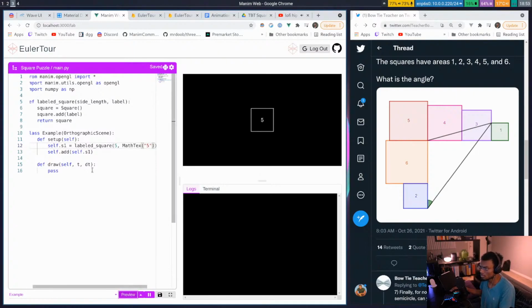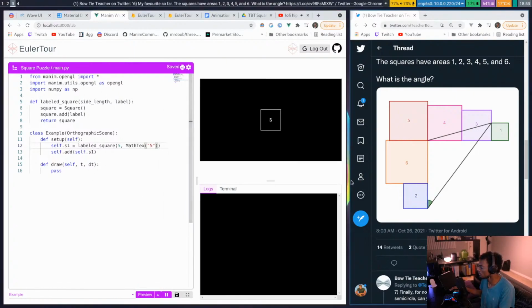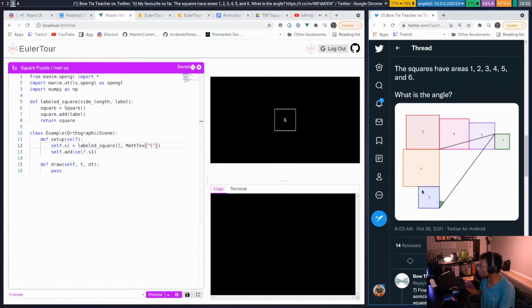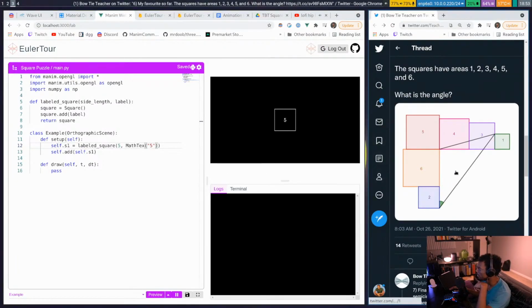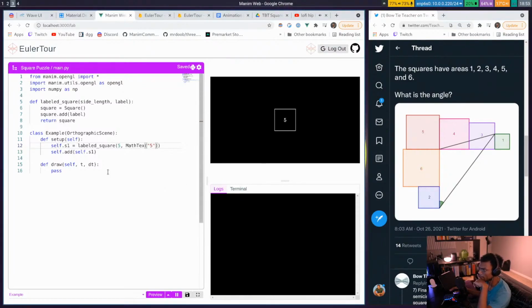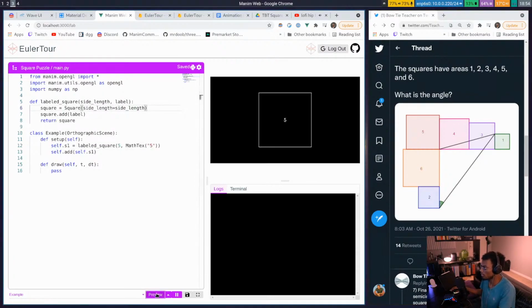Okay. I wish I could get these colors quite right. For now, maybe I should just try to position these correctly. Oh, and the side length. Yeah, perfect. Now that looks a little too big, so I'm gonna have to go ahead and scale this.